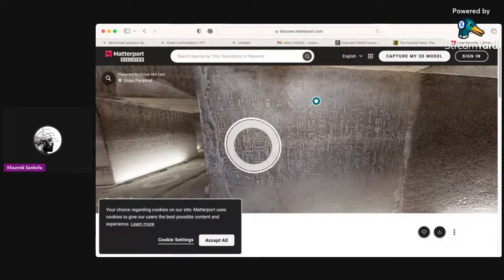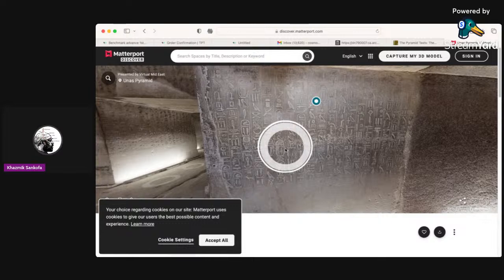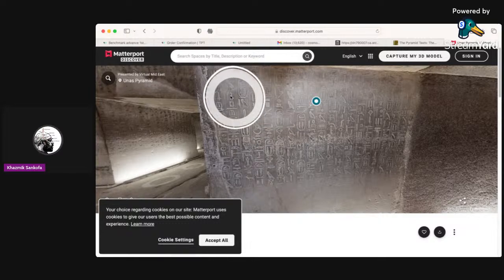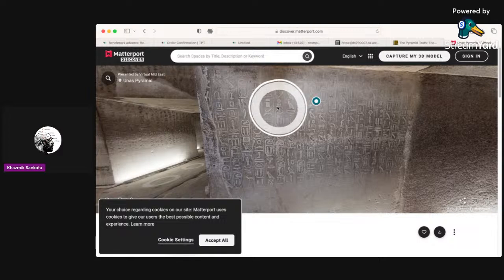I'm trying to read it right now. It's not really that bad. This is a biliteral. This is mer. This is meri. I don't know this biliteral here. This is sa. This is tep. Tep sa. I don't know this one here off the top. These two, tep sa tech.